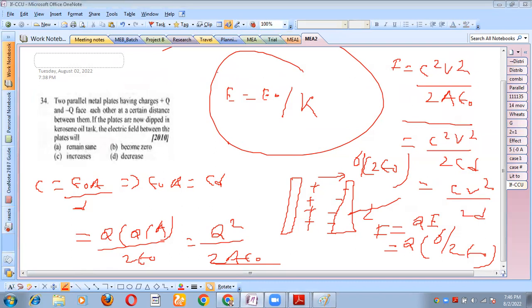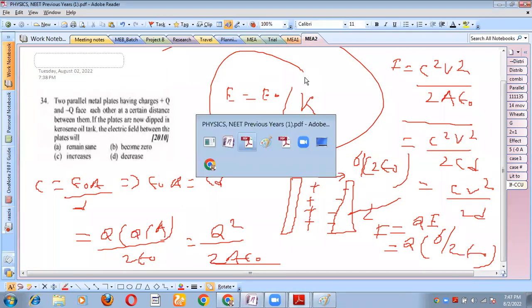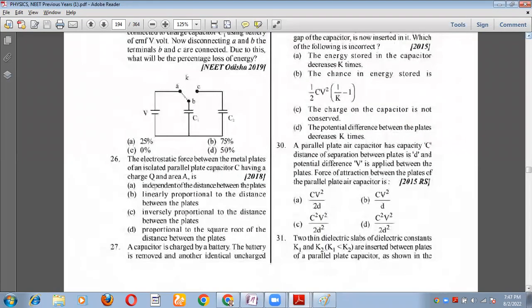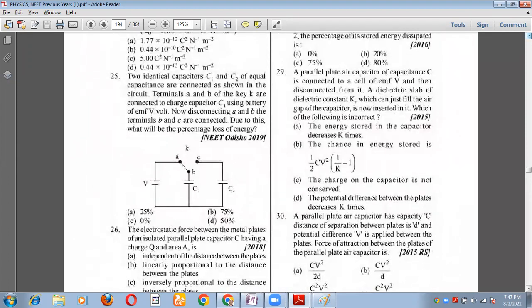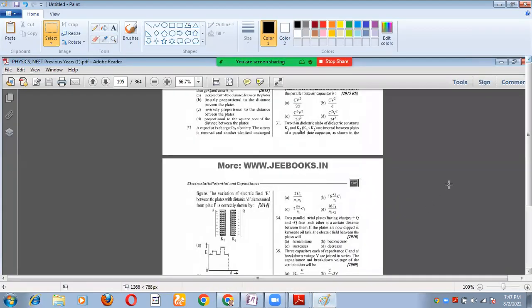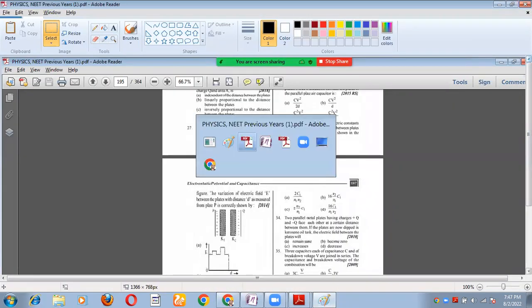All right. Now do the last question, that is question number 29. I will take its screenshot so that you can see it better. Question number 29.